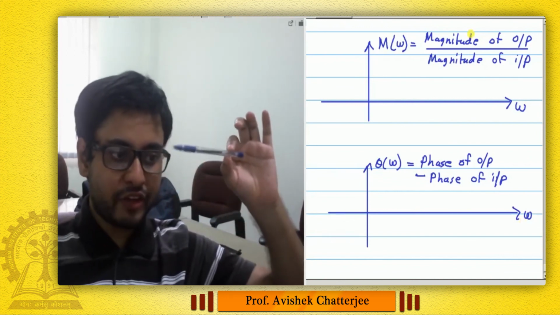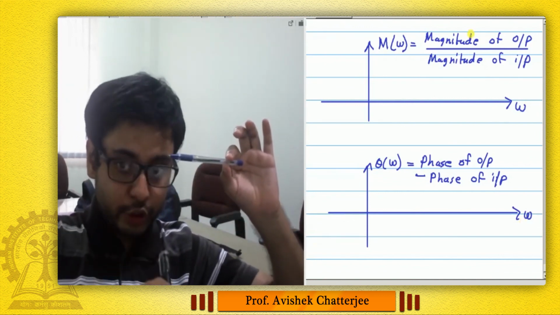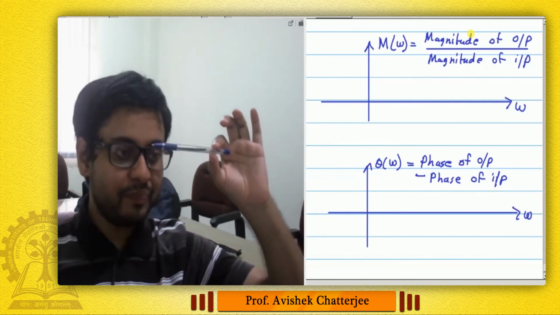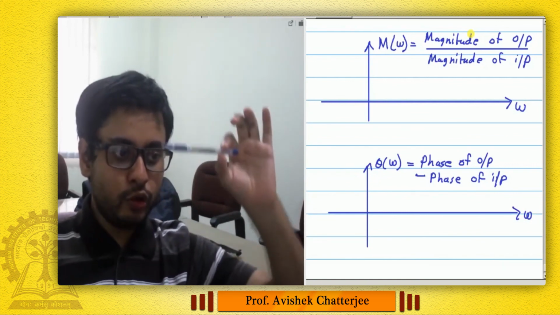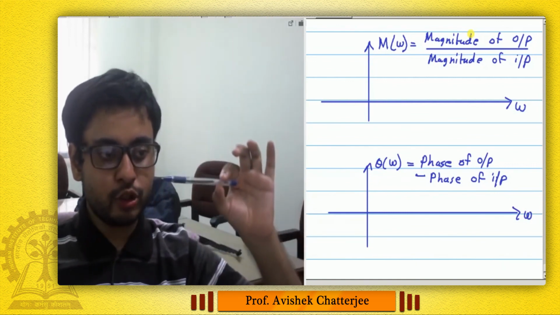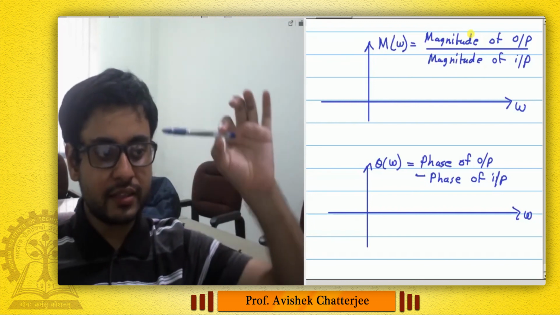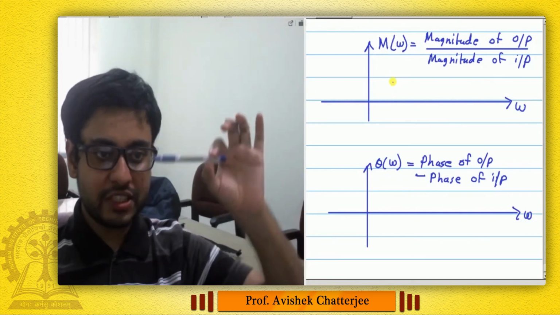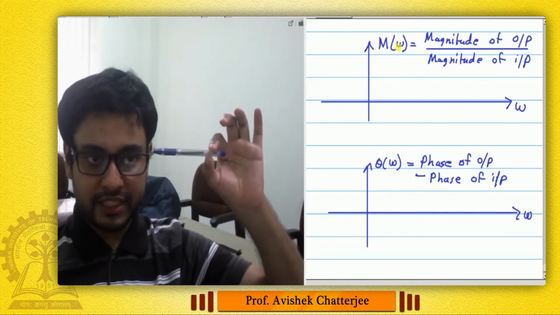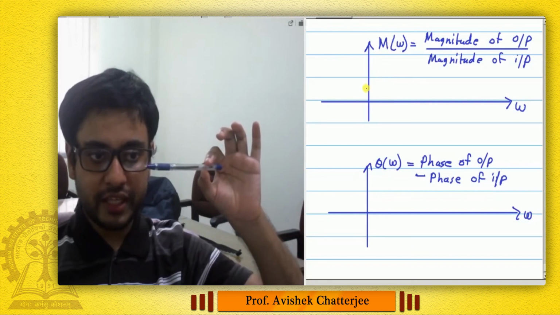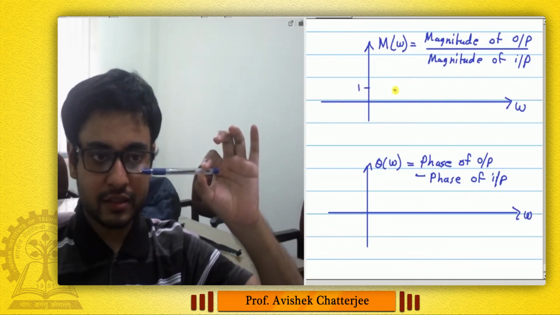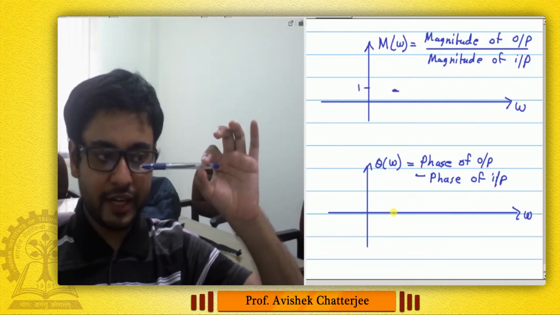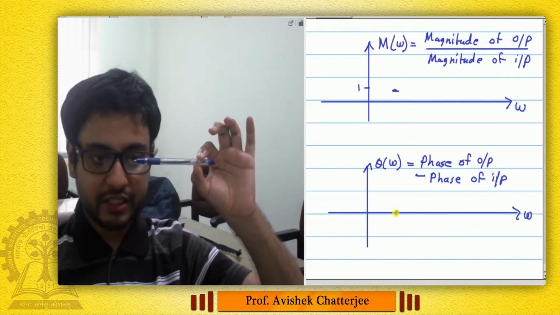So observe carefully and also do it yourself with a pen. At very low frequency, input and output move together and their amplitudes are the same. So at low frequency, this ratio is 1 and the phase difference between input and output is 0.